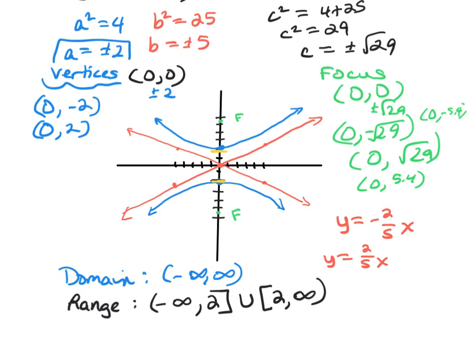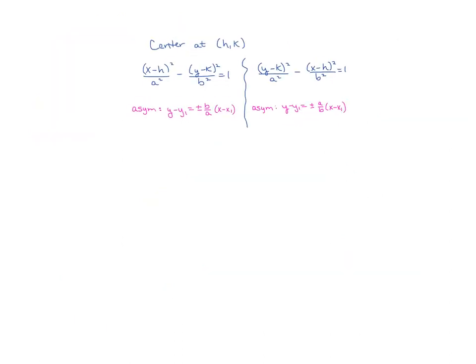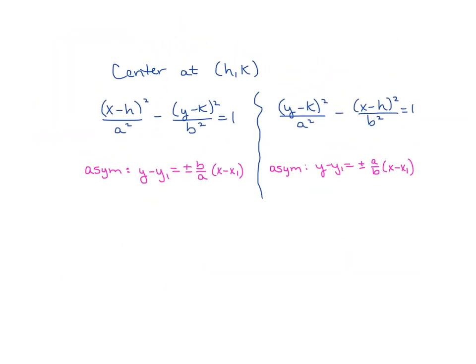All right, let's try another one. Now what we're going to do is the next one, with the center not at the origin. So these are the two setups. Again, remember the a squared is always first, and the b squared is always the second denominator.